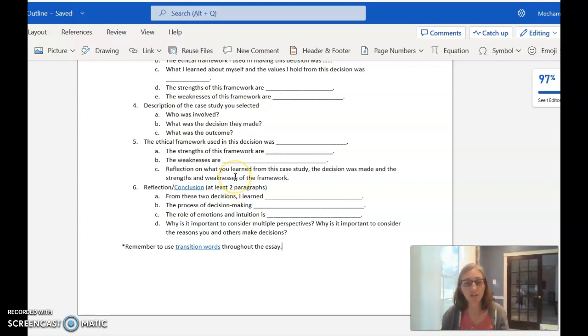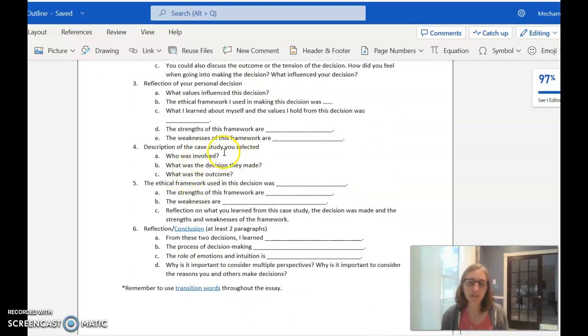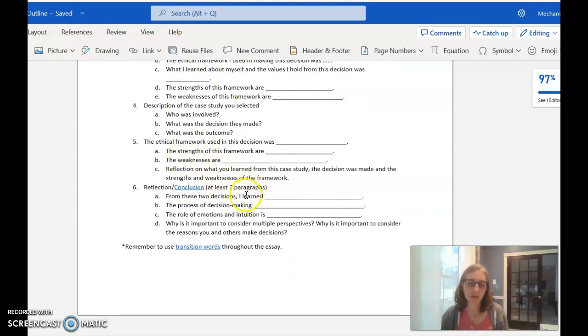One where you talk about what you learned, the process of your decision making, the role of emotions. I would probably put A and D together, and do B and C in another paragraph, so I might switch that around. But the whole thought is you have to introduce your conclusion for this kind of paper because you've talked about your one decision, you talk about the case study, and then you need to talk about them together before you can conclude them, if that makes sense.